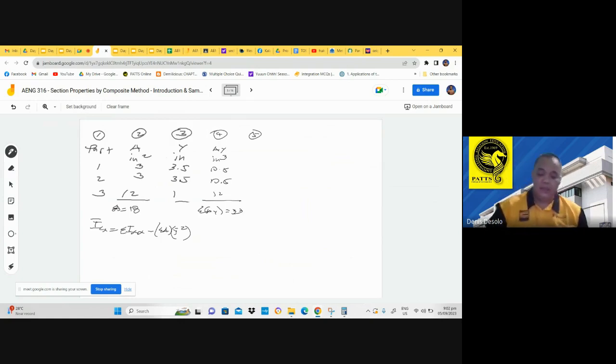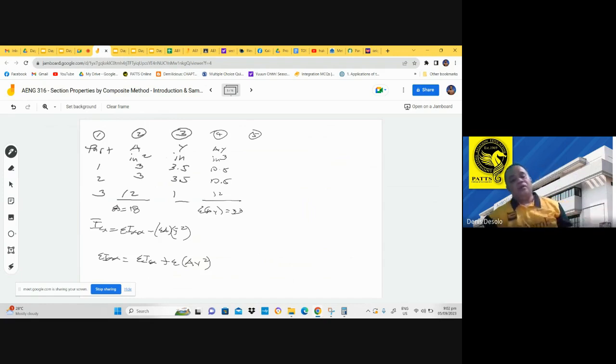The first time is to solve for the summation of Ixx. To solve this, we will need the summation of Ic sub x plus the summation of the product of the area and y squared. You have to remember that we divide the whole or original area into parts. So the data that we have in each column and each row will be the data for each part. Then when we add them, that is coming from parts to whole.